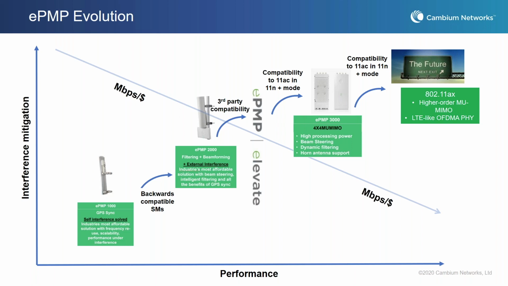In terms of the IEEE standard, ePMP 3000 is an 11AC product, whereas ePMP 1000 and ePMP 2000 are the 11N standard. On the roadmap, we have also scheduled a product for the 11AX. Maybe most of us have been reading things.